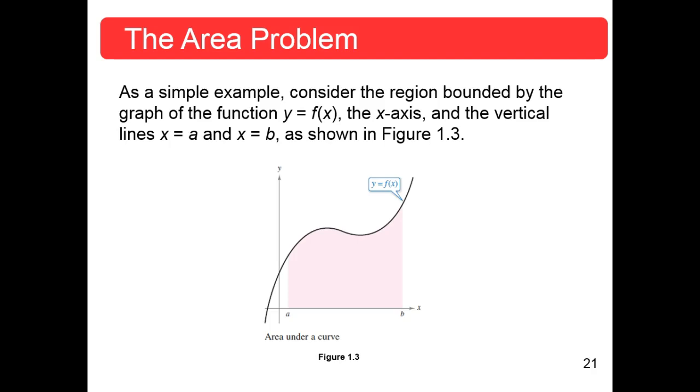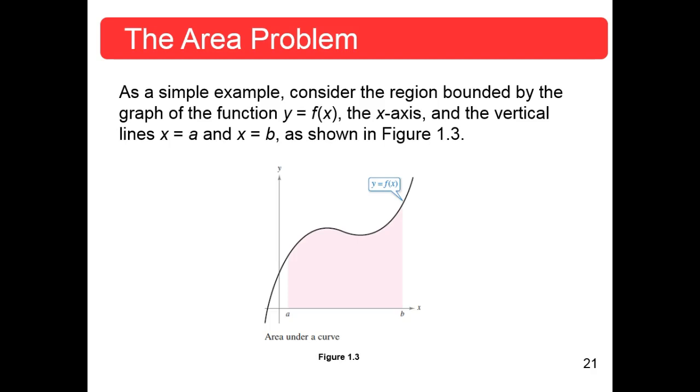Now, to begin with, and this is pretty much what we're going to do, let's pick some region here from A to B where this f of x doesn't ever go negative, okay? Because if it went negative, you got problems. Now it's below the line here. So let's keep the f of A and f of B both positive, and f of x in between A and B stays positive always. Okay, we can do this.